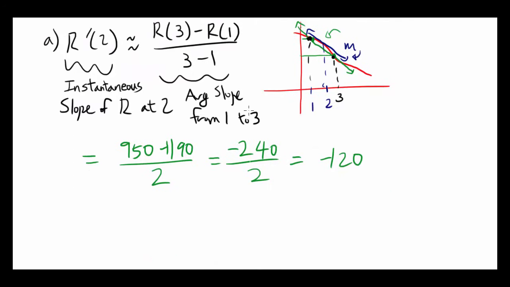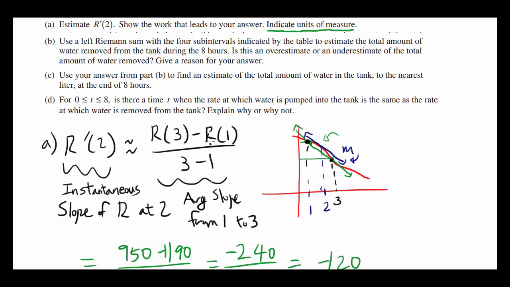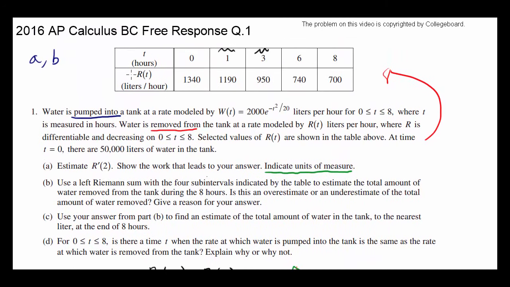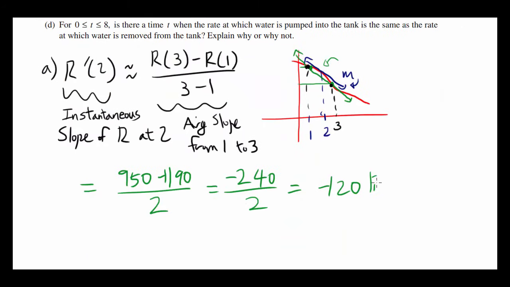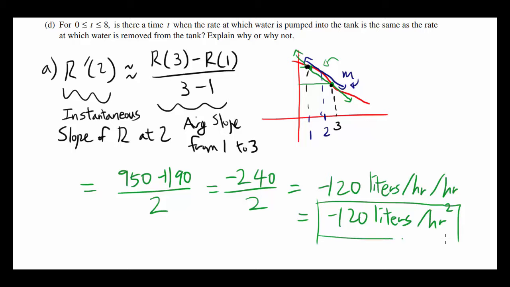So it's going to be negative 120. What's the unit going to be? Well, R of t is in liters per hour, and the time is in hours, and we're finding the rate of change of R of t with respect to time. So the unit is going to be liters per hour per hour, or negative 120 liters per hour squared. That's going to be our answer.